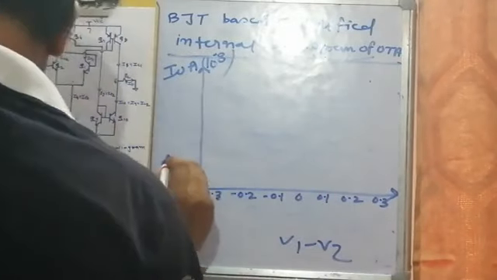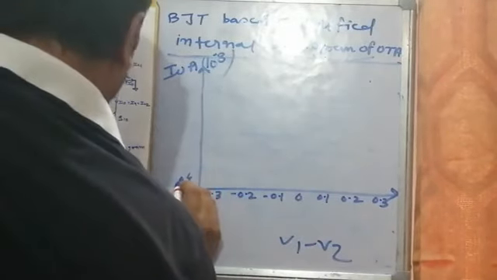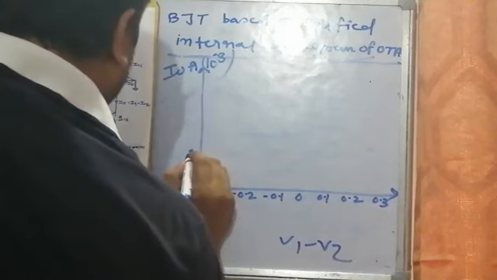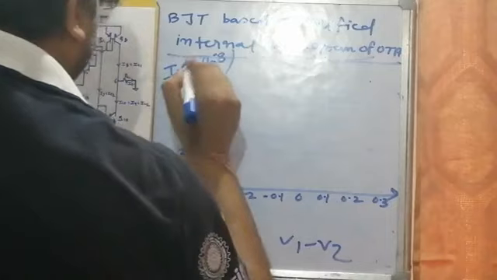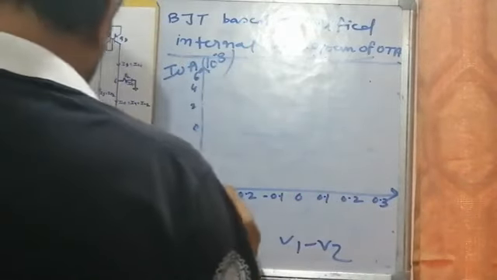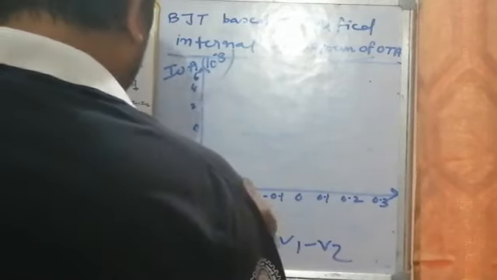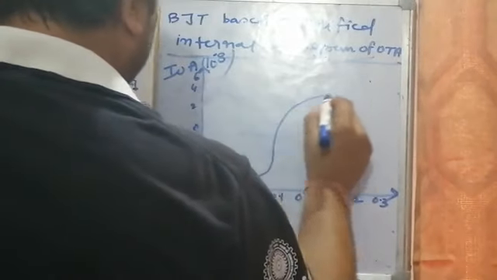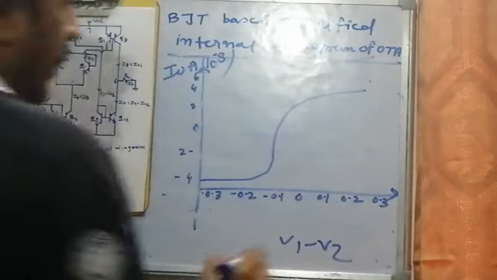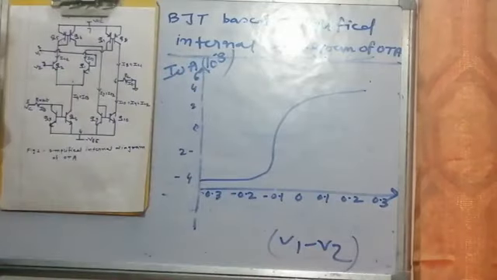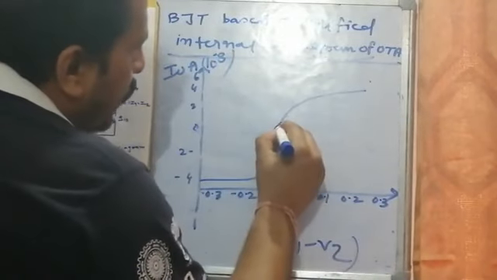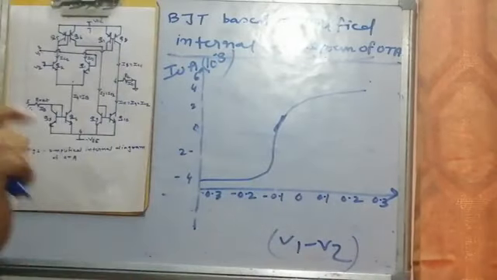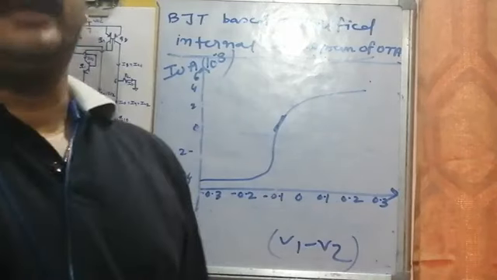So minus 4, minus 2, 0, 2, 4 and 6, and we will see the graph. We will find a graph of this type between V1 minus V2 and output current I0. So we can see that only for a small value of V1 minus V2, its behavior is linear.